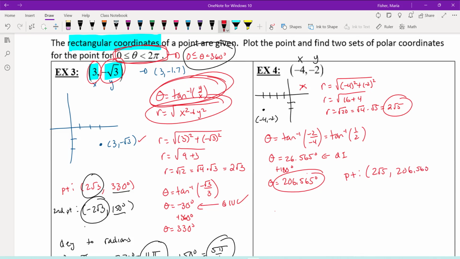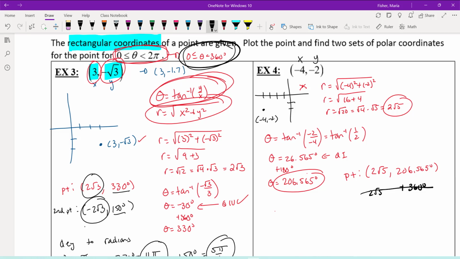Now we need to find the second point. Recall, when you're finding the second point, if r remains the same, you're going to have to add some kind of multiple of 360 degrees to this guy here because you're adding an even multiple of pi, so things like 2 pi, 4 pi, 6 pi, etc. But you have the restriction that you have to be between 0 and 360 degrees, so you know that r cannot remain the same.